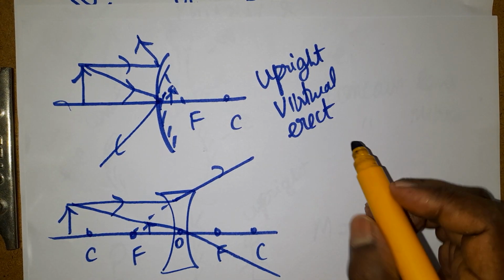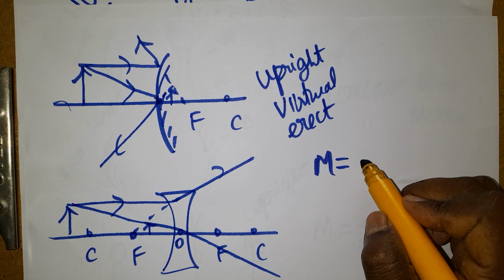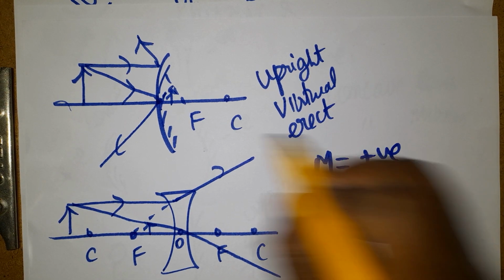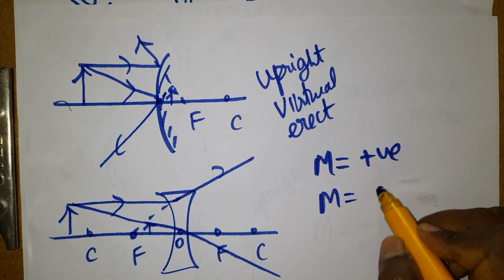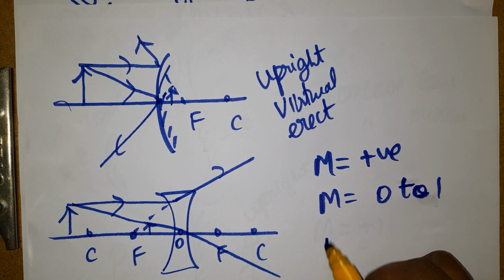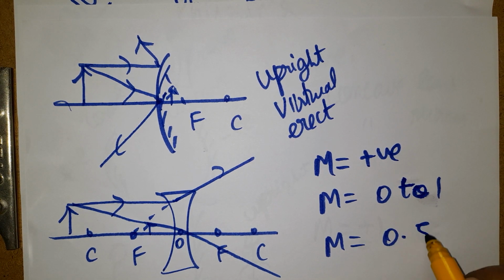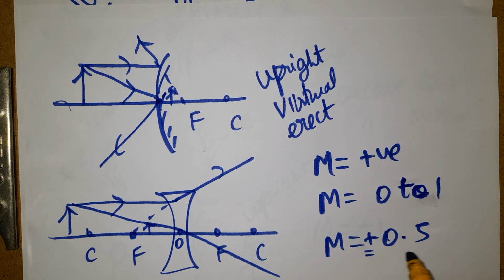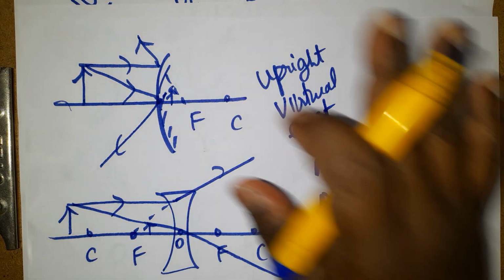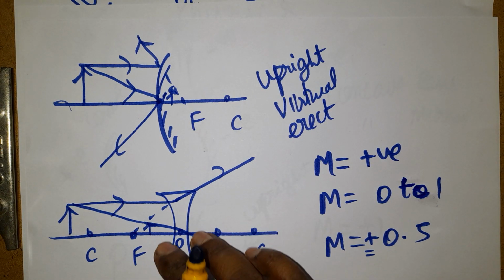It's a very important condition. Magnification is positive because it's virtual, and the range is 0 to 1. For example, magnification is equal to plus 0.5: upright, virtual, erect, diminished. Plus represents upright, virtual, and 0.5 represents diminished. Many chances are there to get this condition.